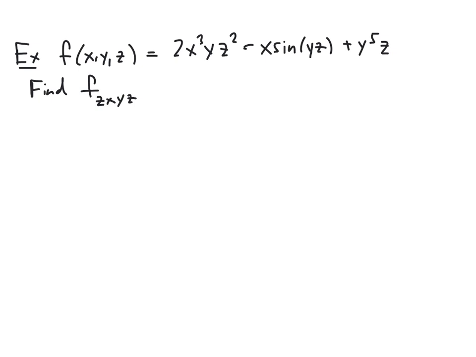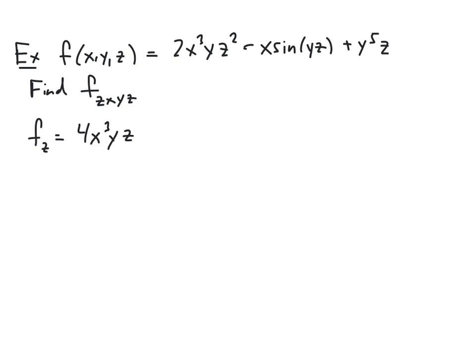Right, so in order to do this, we just simply need to take four partial derivatives with respect to the given variables in the particular order. So the first variable that we want to differentiate with respect to is z. So the first thing we're going to do is compute f sub z. And so the first term, we're differentiating z squared. So we're going to get 4x cubed yz.